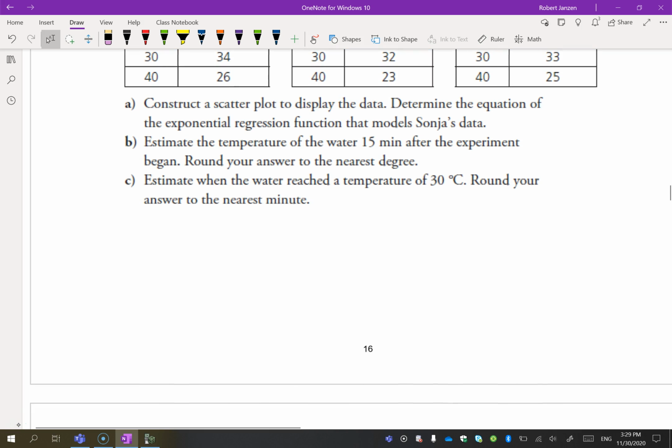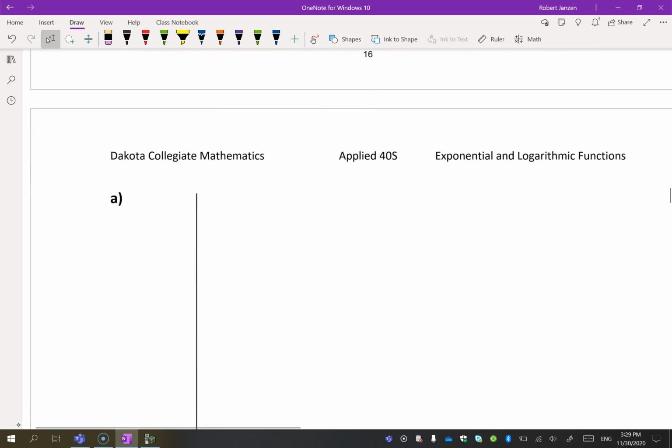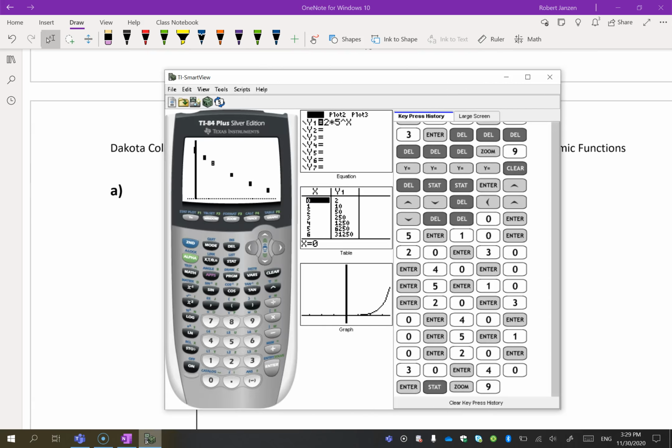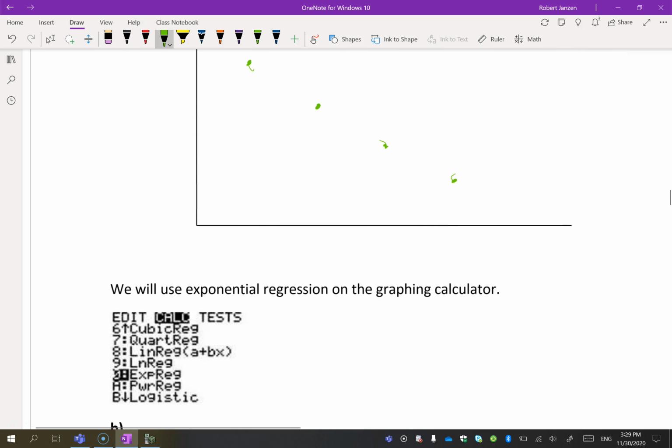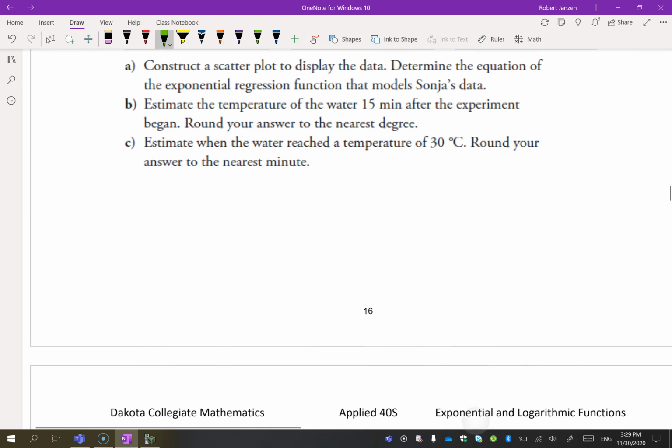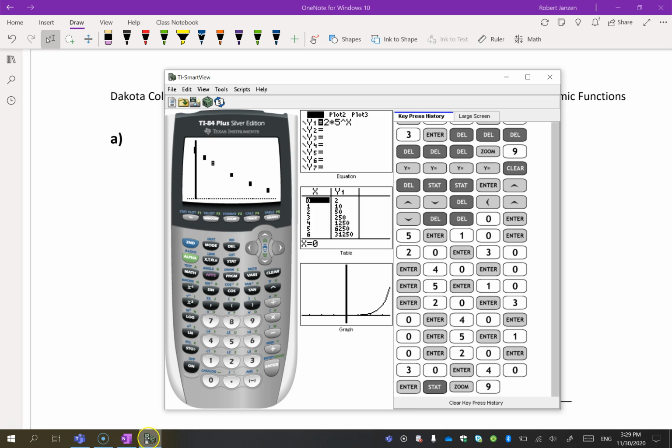Okay, so the first question asks us to construct a scatter plot to display the data. Once you've plugged everything into the spreadsheet and you press zoom 9, you get something that looks like this. And we're supposed to determine the equation.